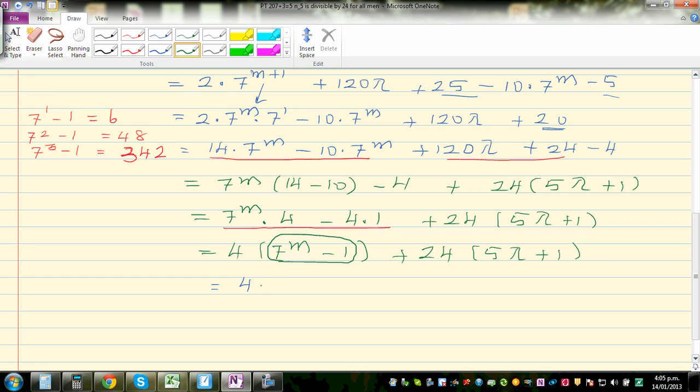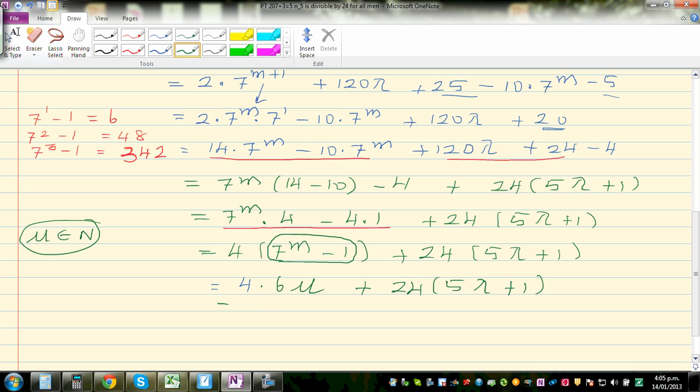So this you can write as 6 times mu. Okay, where mu, I'm writing it here, mu also belongs to n. Okay, that means what we are saying is this is a multiple of 6 plus 24 times 5 lambda plus 1.